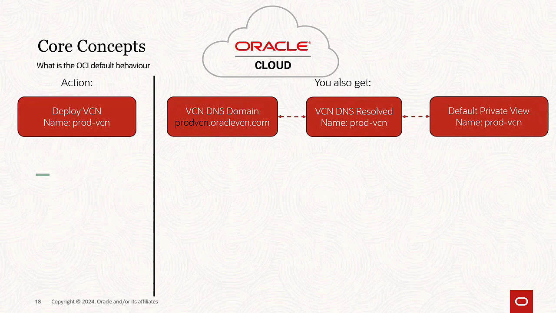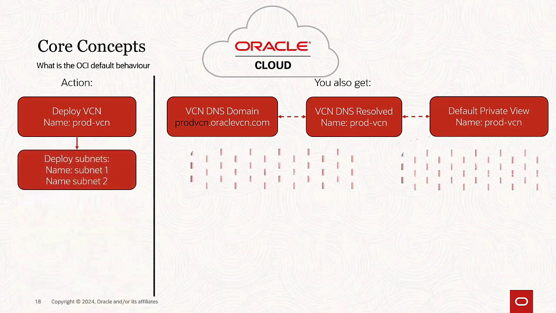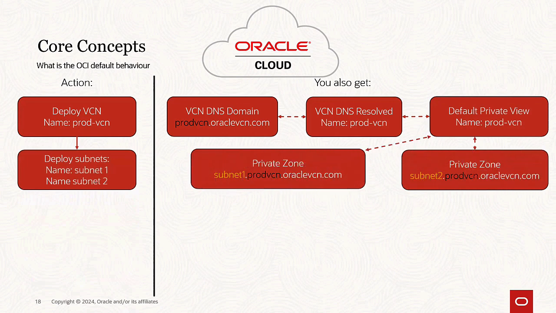As you can see, the domain name is formed from the VCN name and oraclevcn.com, which is a standard for all VCNs created in OCI. The VCN DNS resolver has the same name as the VCN, and the default private view will have the same name as the VCN. Once we deploy subnets in the VCN, let's say subnet 1 and subnet 2, we'll also get two private zones that will be linked automatically to the private view.